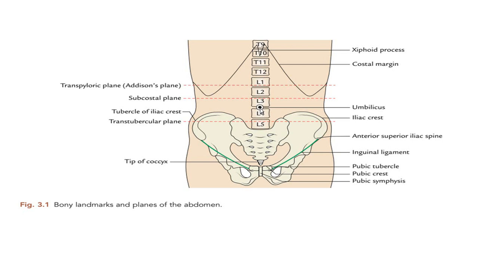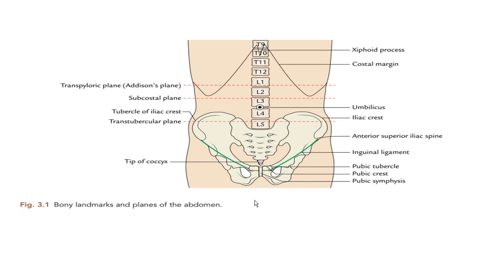This one is the umbilicus, and this one is the iliac crest. We have the highest point of the iliac crest at the level of the fourth lumbar vertebra.